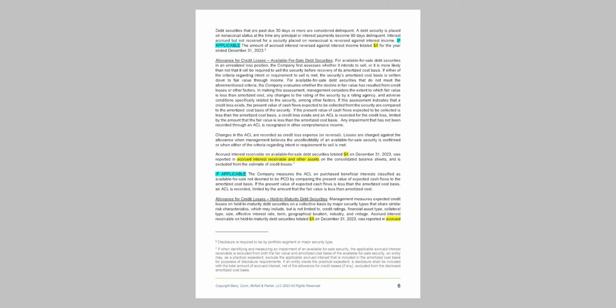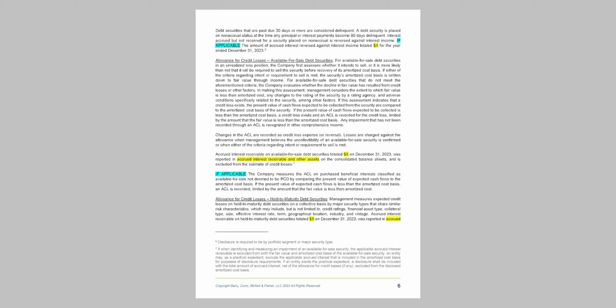There's a practical expedient in the codification that allows you to exclude accrued interest receivable from your calculation. However, if this practical expedient is adopted, you are required to disclose the dollar amount of your accrued interest receivable, as well as the placement of that accrued interest receivable in the financial statements.